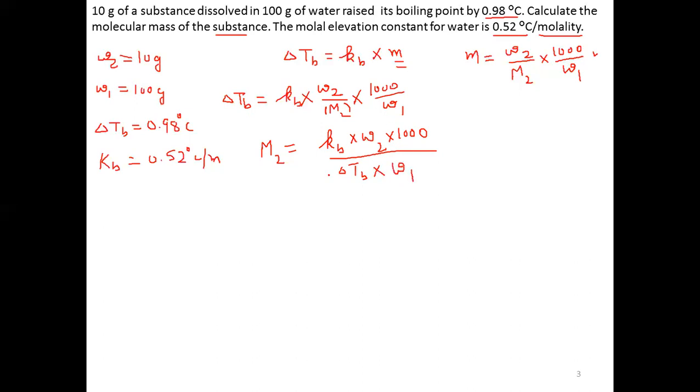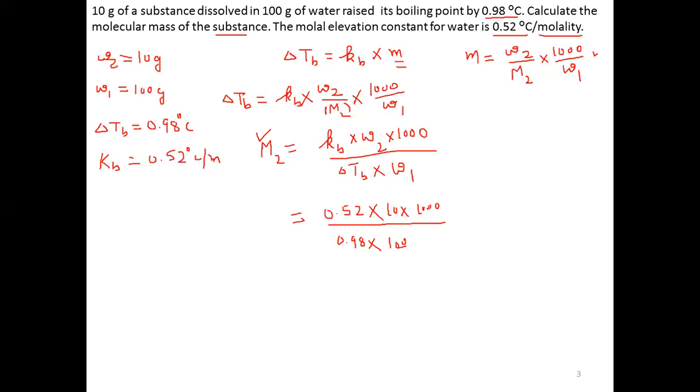Now let us put the values so you will get the answer. So Kb is 0.52 degrees Celsius per molality, 0.52 into weight of solute, which is 10, into 1000, divided by delta TB, which is 0.98, into W1, which is 100.